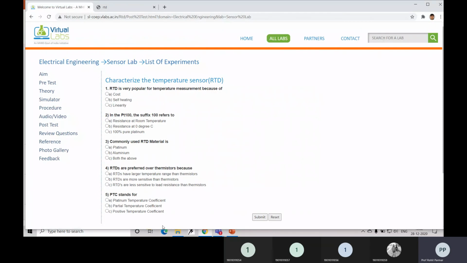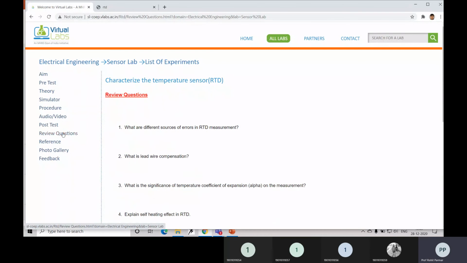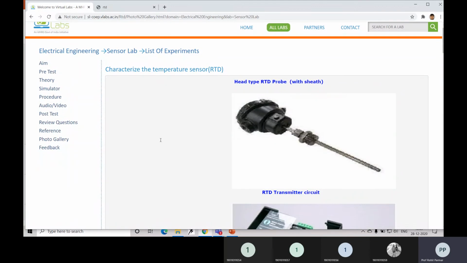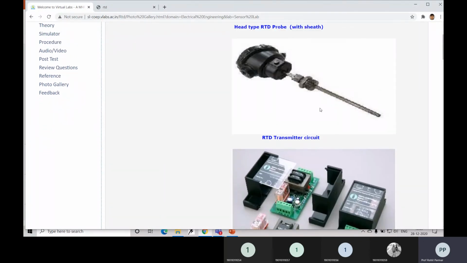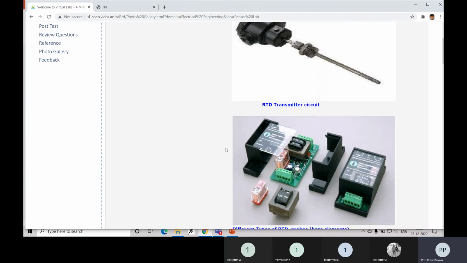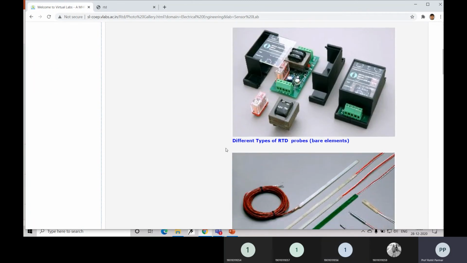After the completion of this experiment, you can take the post test. Even some review questions are given over here. And in the photo gallery, you can see how an actual RTD looks, an actual image of an RTD, the RTD transmitter and all other circuits.